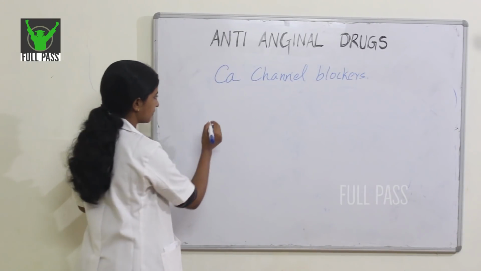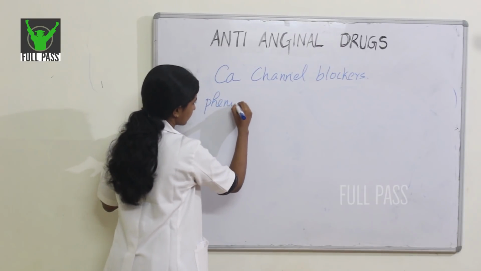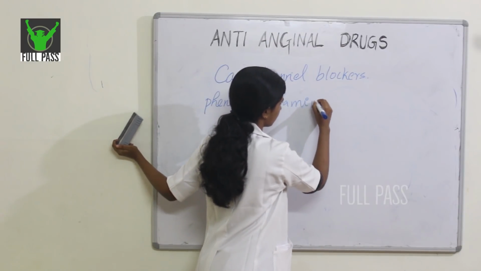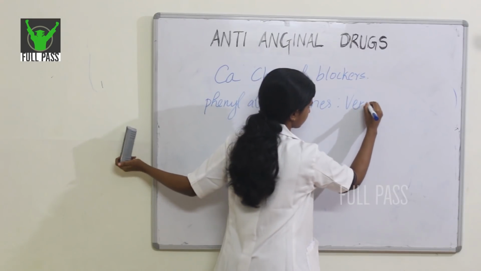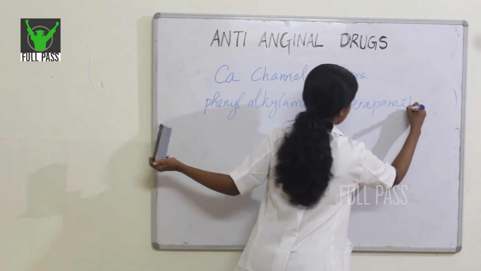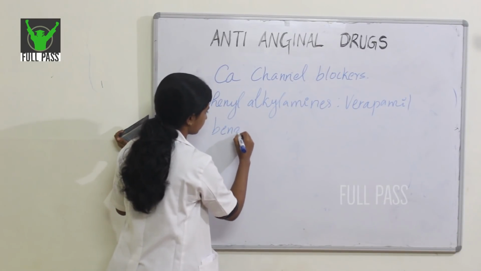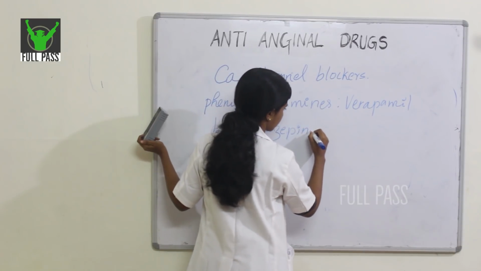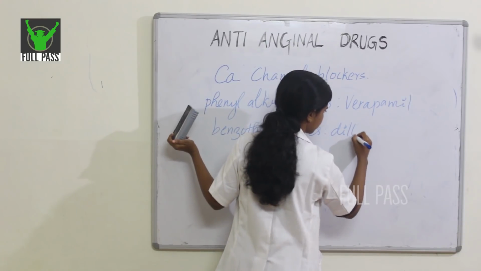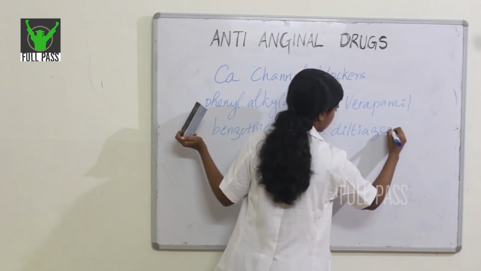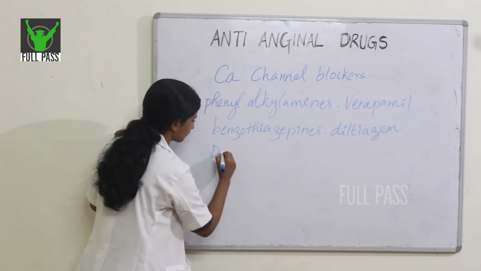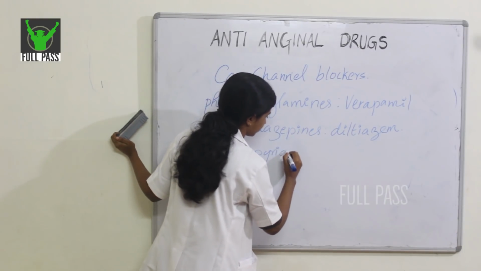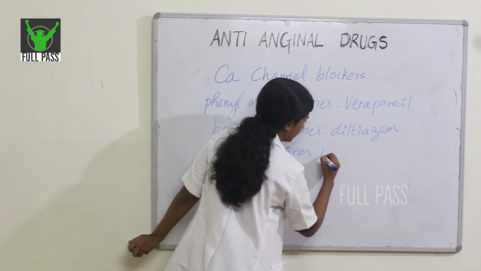So we have mainly phenylalkylamines, that is verapamil, benzothiazepines, that is diltiazem, and we have dihydropyridines, that is nifedipine and amlodipine.